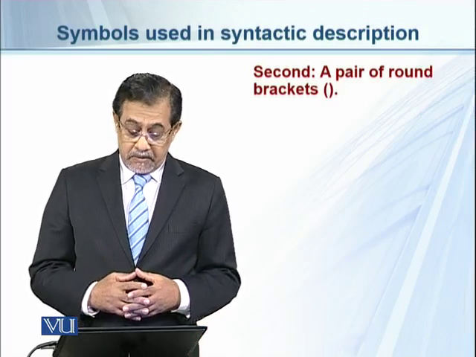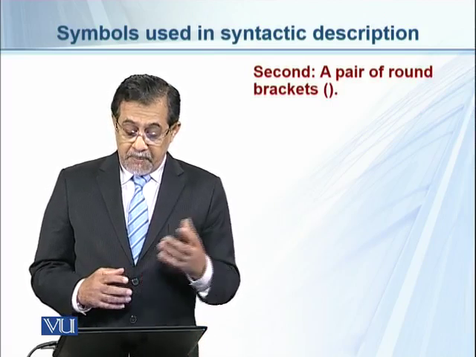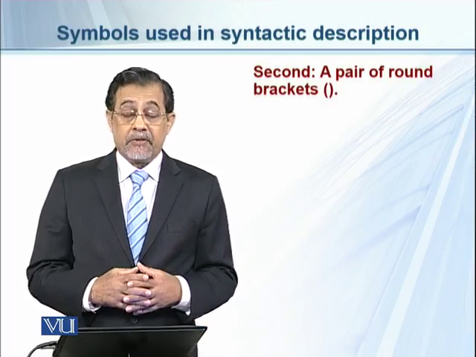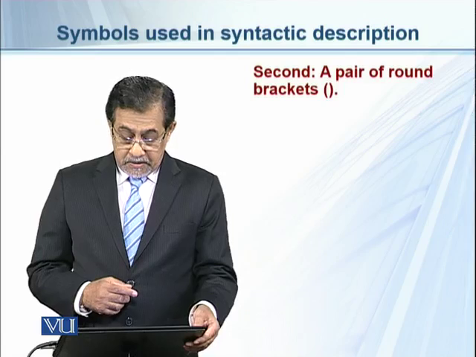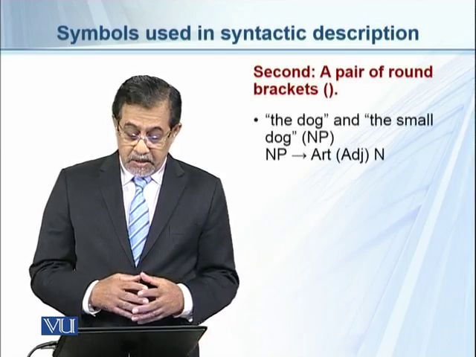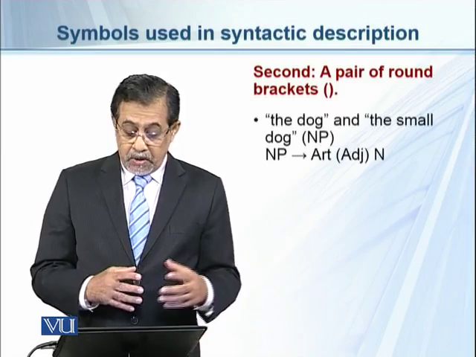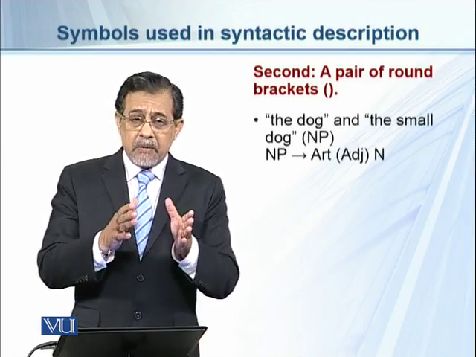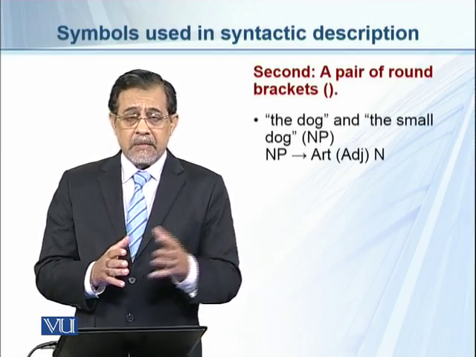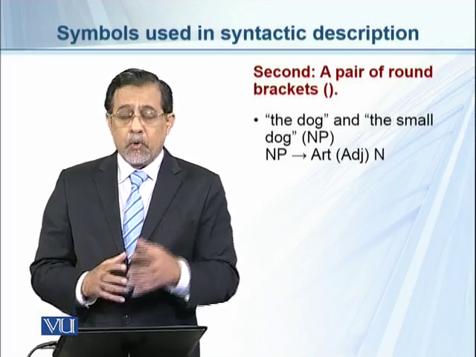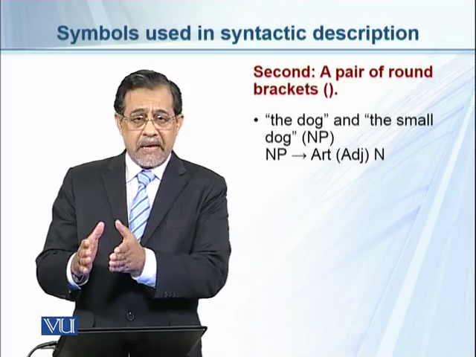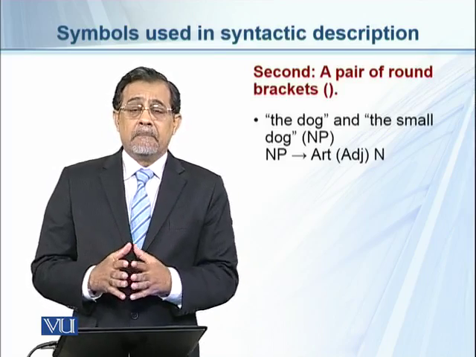Second abbreviation, a pair of round brackets. So we have two round brackets. The dog and the small dog. We know that in the dog, there is an article and dog is a noun. And when we have the small dog, we have article plus adjective plus noun.